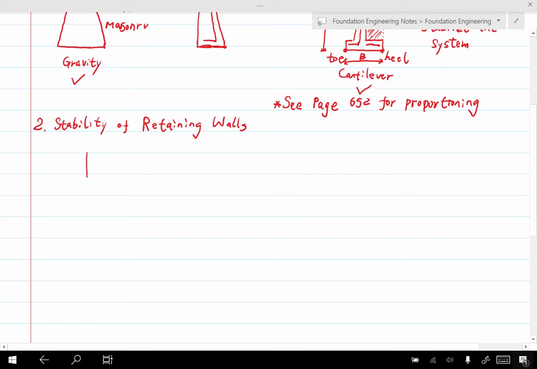So if I use a cantilever wall as an example, the original position of the wall is here. But if sliding occurs, the wall will be pushed by the soil to move to its left or to the direction that is away from the soil body. So this is sliding.